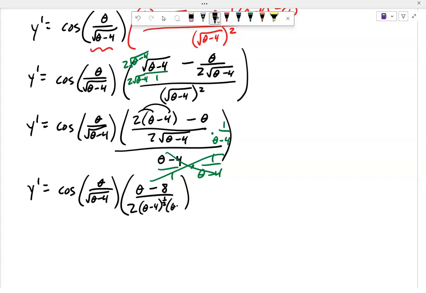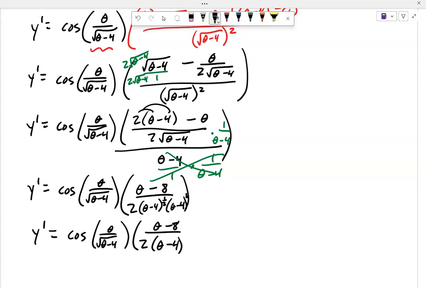And I've got a theta minus 4 to the 1 power. So 1 plus 1/2 is 3/2. So I've got cosine of this stuff. I've got theta minus 8 over 2, theta minus 4, 1 plus 1/2 is 3/2. And I'll go ahead and leave it right there.